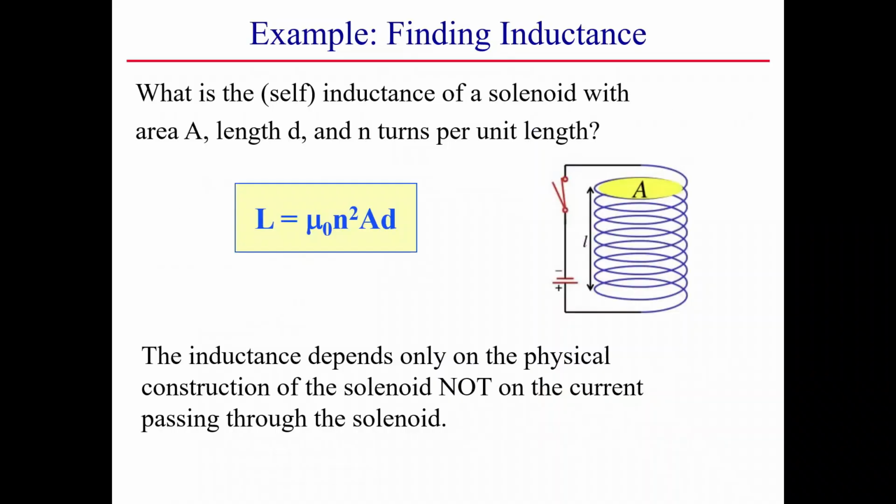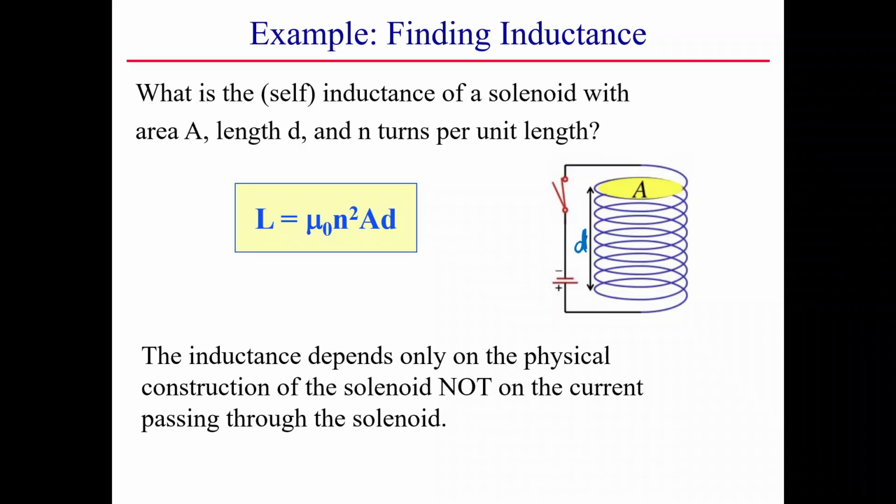Now, what is the inductance of a solenoid? So I said it was based on the geometry, the physical construction only. So if I have a solenoid which has a cross-sectional area A, that would be the circular area of a cross-sectional loop, a length D, okay, so we're using a D here instead of L because L for inductance gets confused with L for length.